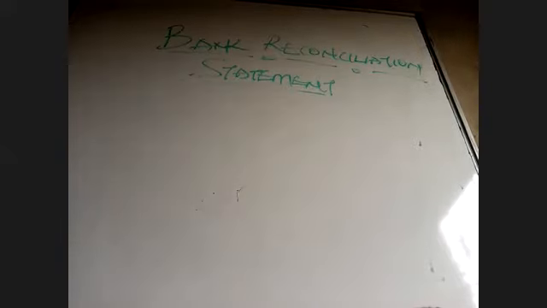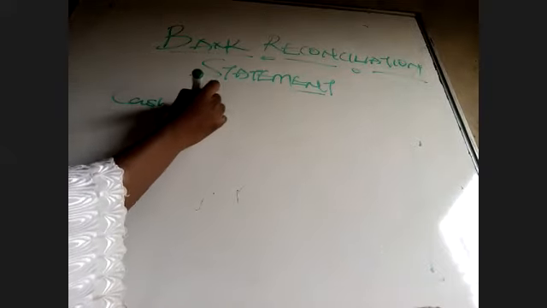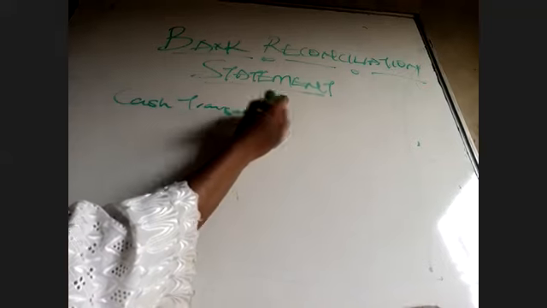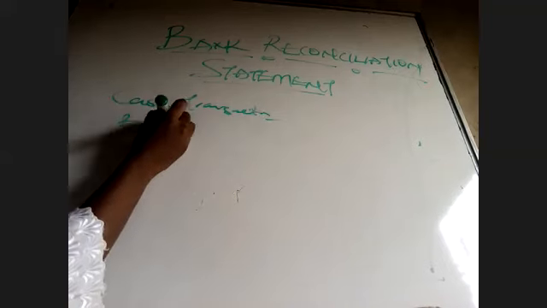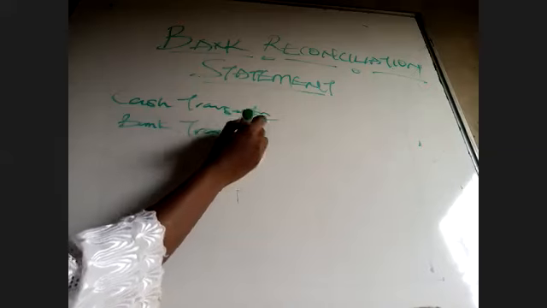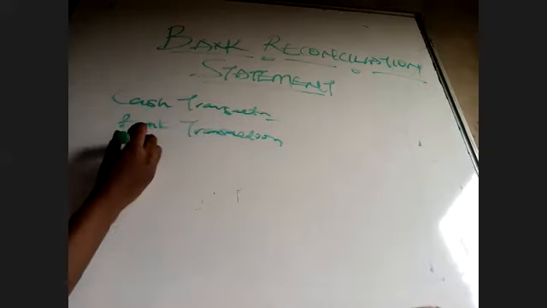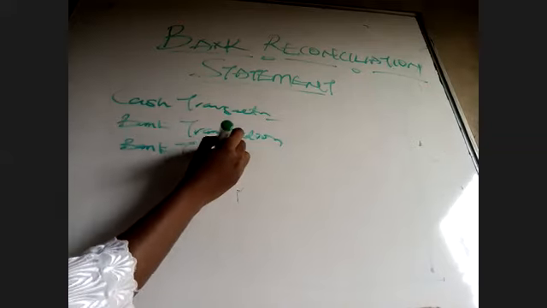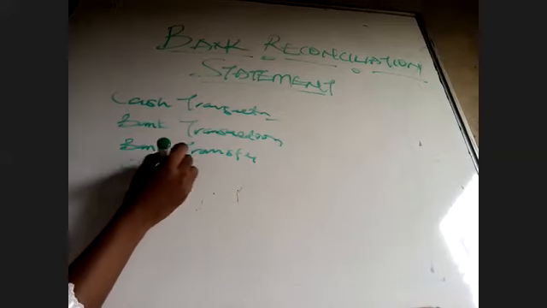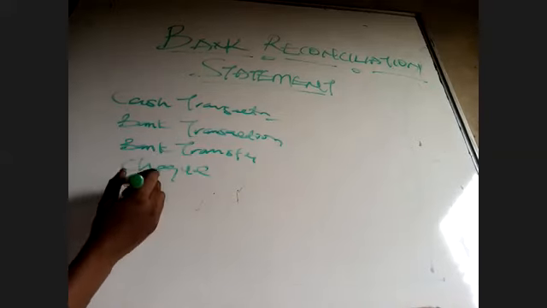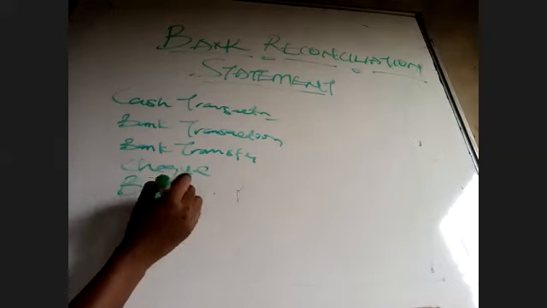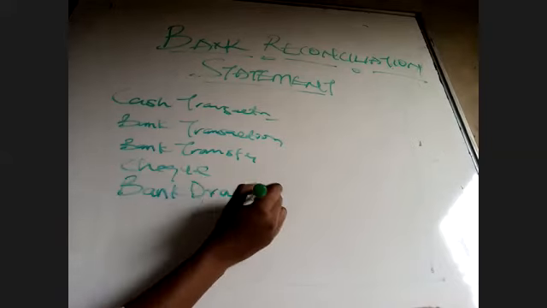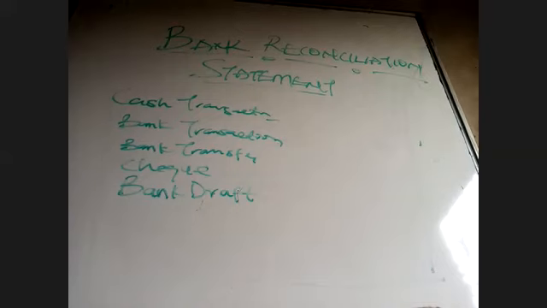Now, for heavy businesses, we have two sets of accounts. We are either running cash transactions or bank transactions. Bank transactions occur where we make bank transfers, issue checks, and do bank drafts on behalf of the company to a customer.